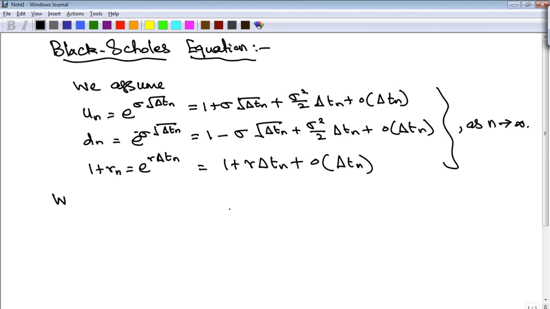We also take Pn star is equal to 1 plus Rn minus Dn divided by Un minus Dn.